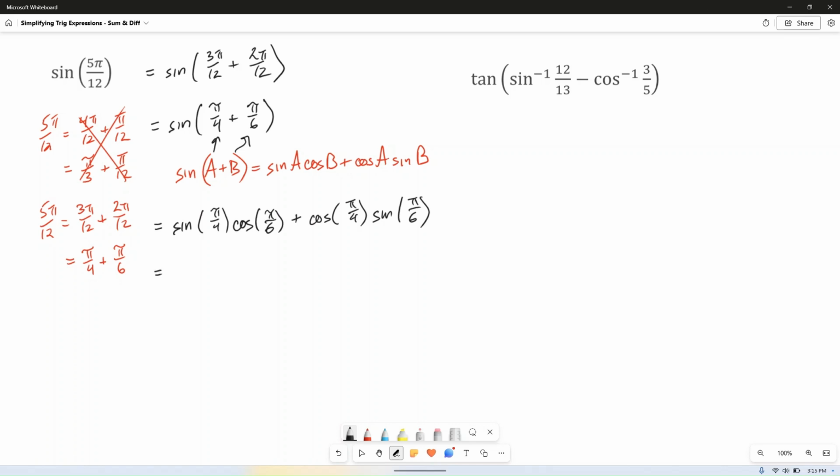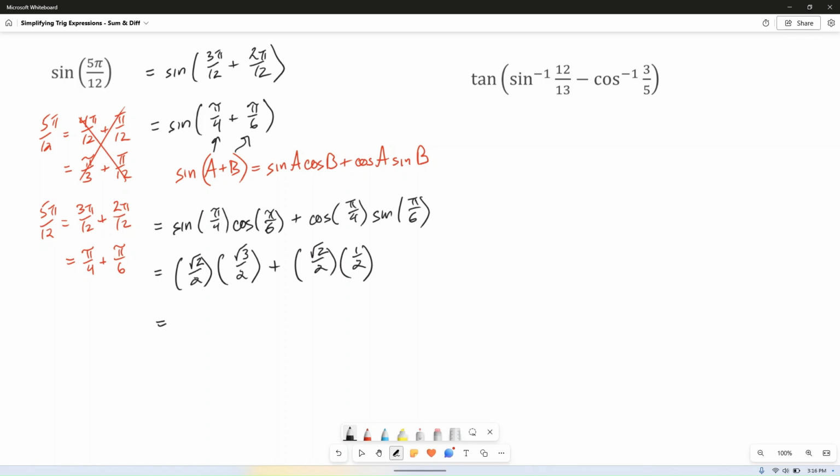I know that the sine of pi over 4 is root 2 over 2. The cosine of pi over 6 is going to be root 3 over 2. I know the cosine of pi over 4 is root 2 over 2, and the sine of pi over 6 is a half. So I have the square root of 2 over 2 times the square root of 3 over 2 plus root 2 over 2 times a half.